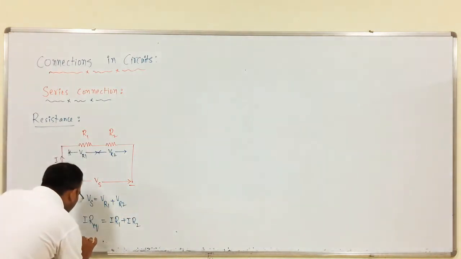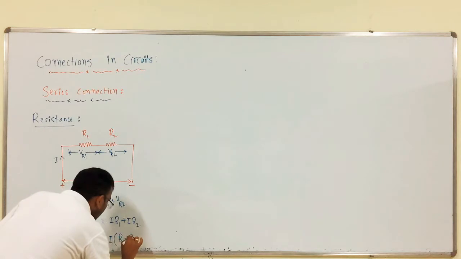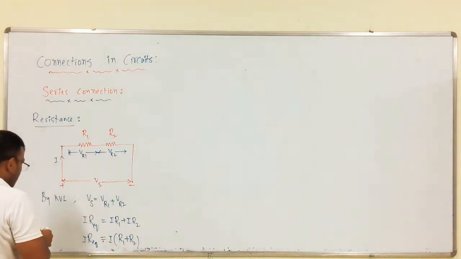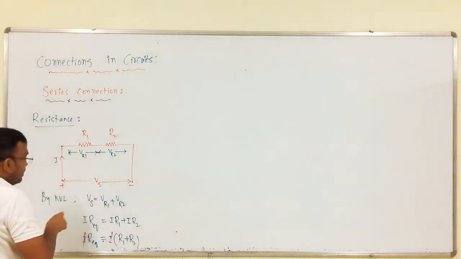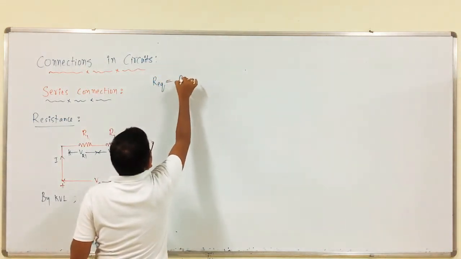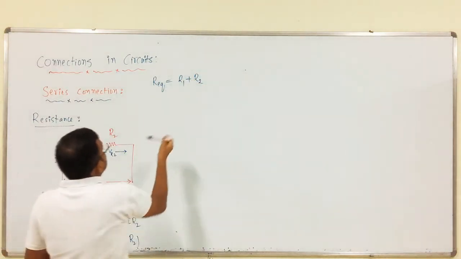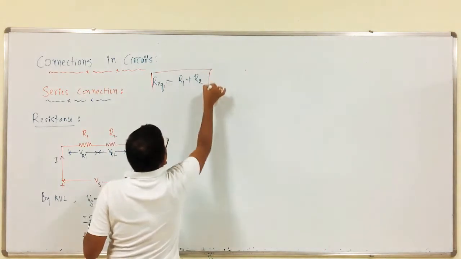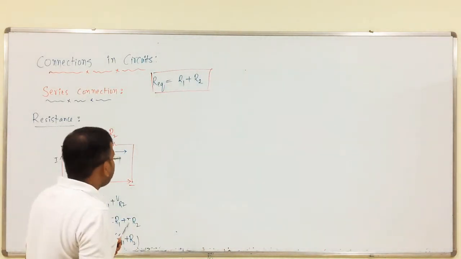Therefore, I into R equivalent is equal to I into (R1 plus R2), I gets cancelled, and R equivalent is equal to R1 plus R2. This is the equivalent resistance when 2 resistors are connected in series.